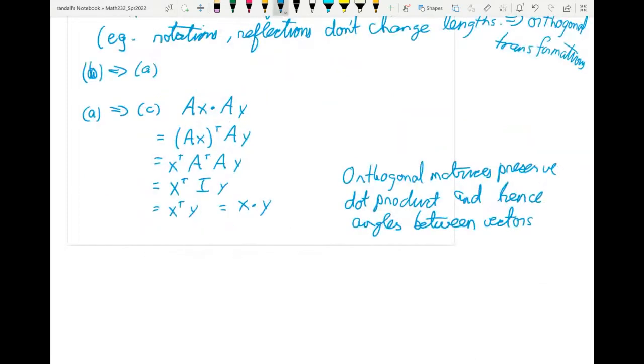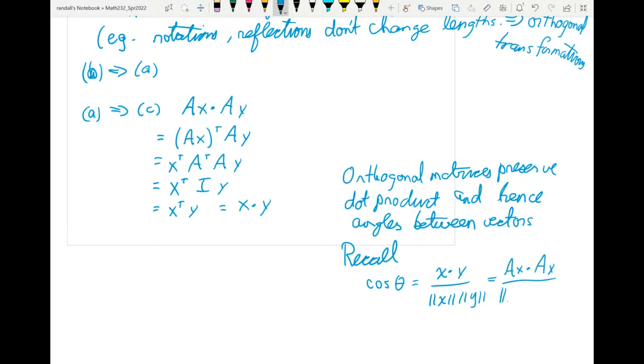Recall that the cosine of that angle is x dot y over the norm of x times the norm of y, and this will be the same as Ax dotted with Ay over the norm of Ax times the norm of Ay, as we've just established.